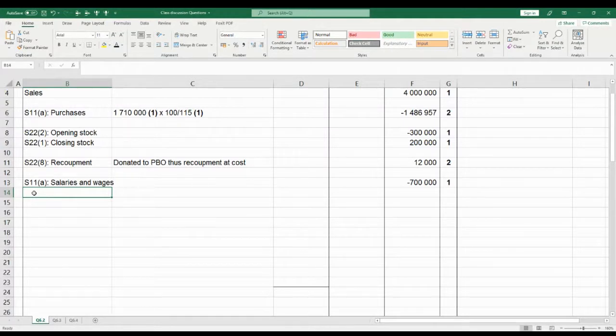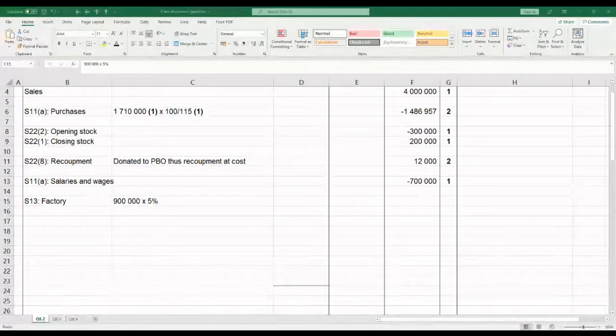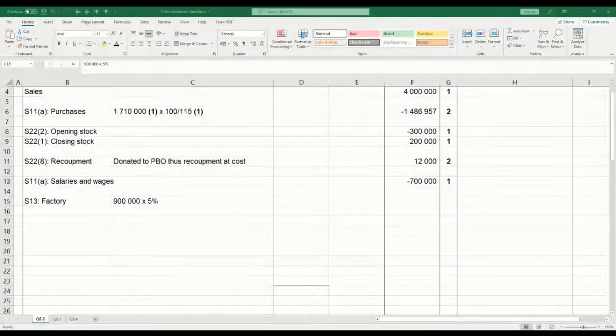Then the next point is we've purchased a factory. Now we said the factory is in terms of section 13, so we take the 900,000 times 5%. Okay, let's just quickly go back to what it said, whether this one is also excluding the land value.